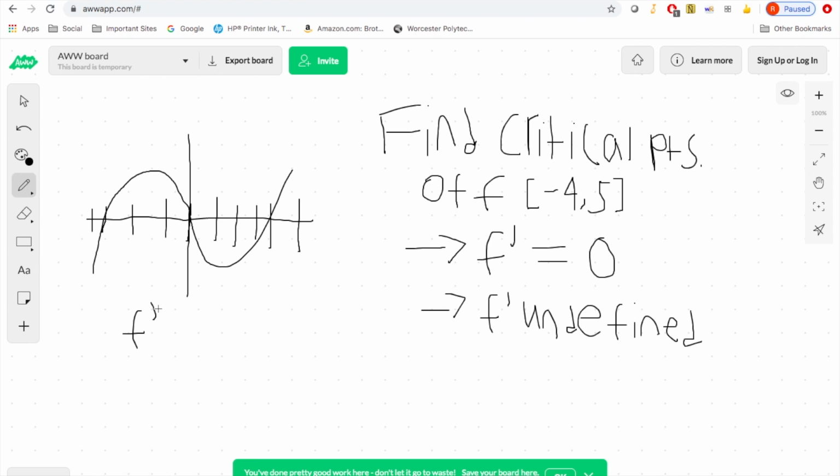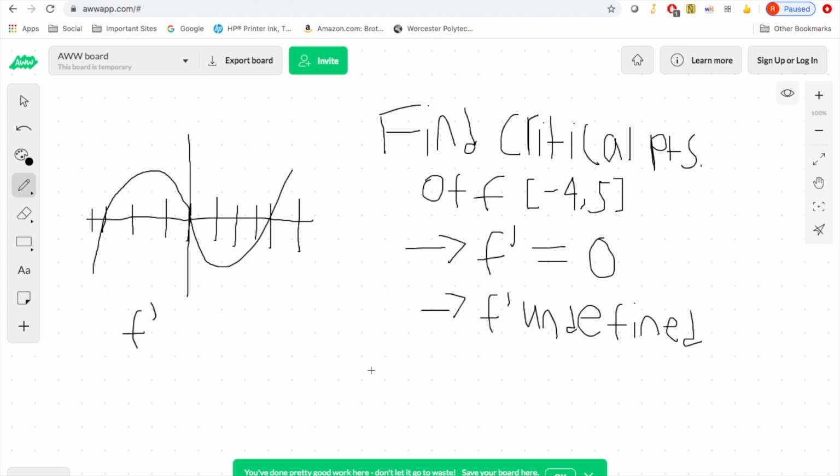We have f prime, which stretches that same interval. We have a graph of f prime. Sorry about the spacing here. Again, new software. Not that great at making it that neat, but sorry, this is what I have. Each mark represents 1 unit.